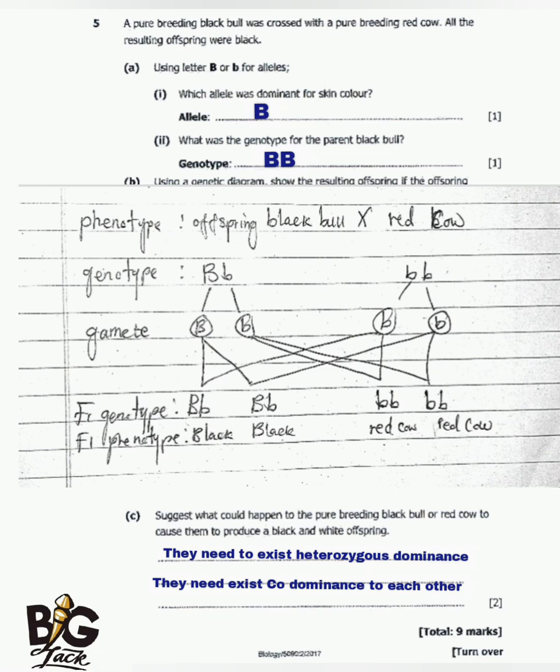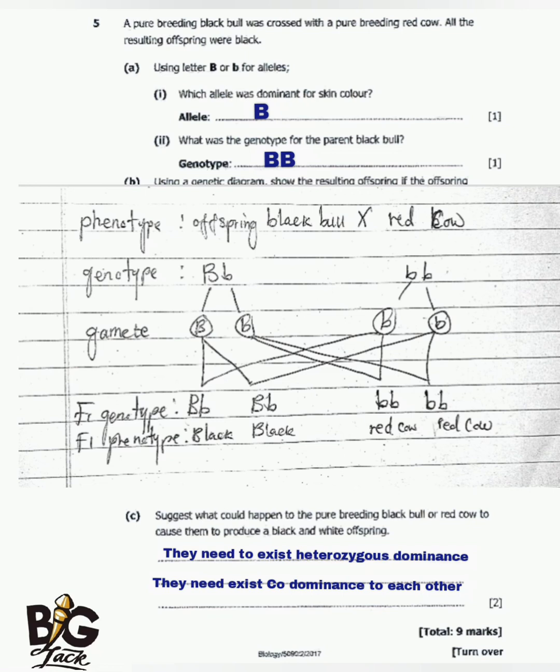Which means the allele for the red cow should be dominant to the black bull, and also the black bull should be dominant to the red cow. So in short, they need to exist as homozygous dominant and they need to exist codominance.